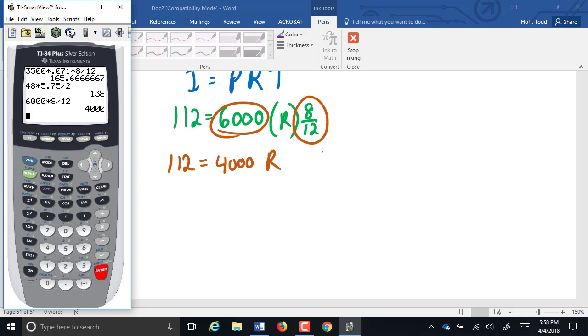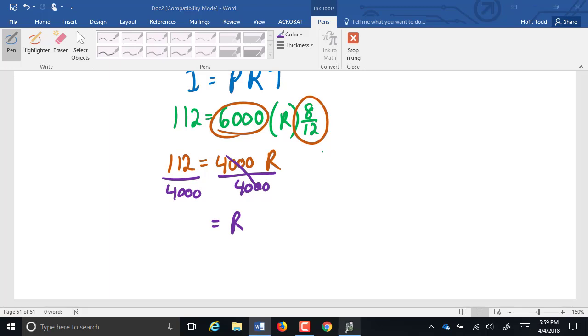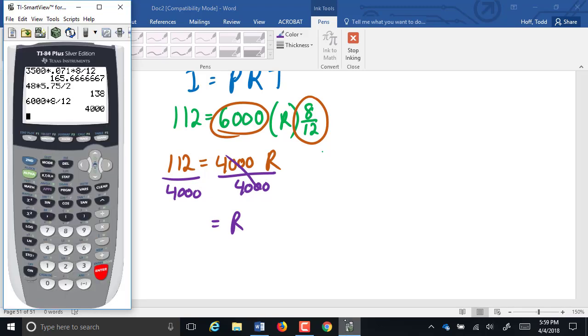But let's just pretend that's a really ugly decimal that keeps going. We can leave that in our calculator. Don't hit clear, whatever you do. In our next step, we're going to divide by 4,000. So we're left with R on the right side. On the left side, we have the 112 divided by that 4,000. So here's what you're going to do on your calculator. You're going to type in the 112. You're going to hit divide, and instead of typing in the number, you're going to hit second and then ANS.